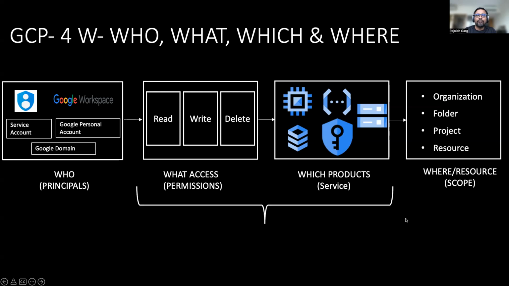If we combine what and which, Google calls it a role. Roles are nothing but a collection of permissions. And lastly, they call it a scope. Scope is where you want to assign these roles and at what level. GCP RBAC is pretty similar to Azure RBAC, in case you're familiar with Microsoft Azure.